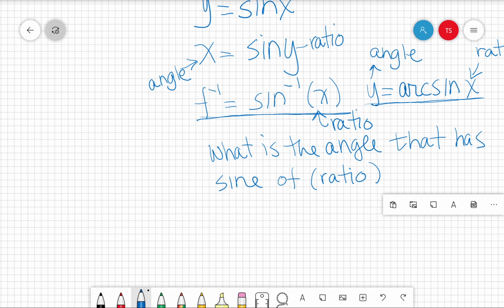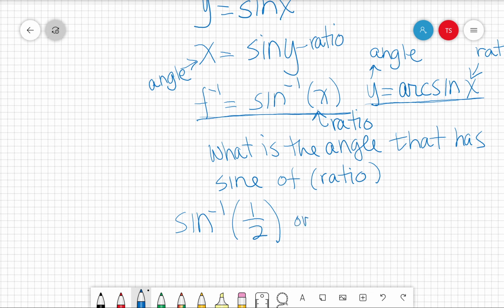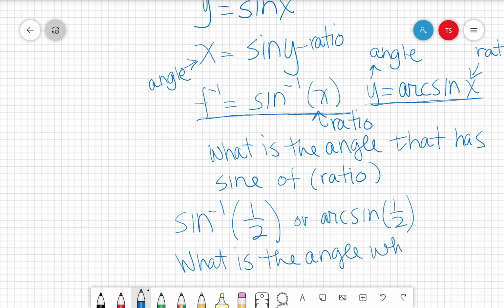So let's say I wanted to evaluate inverse sine 1/2. So the question I'm asking, or you can write it as this, arcsine 1/2. The question that's being asked here is, what is the angle whose sine is 1/2?